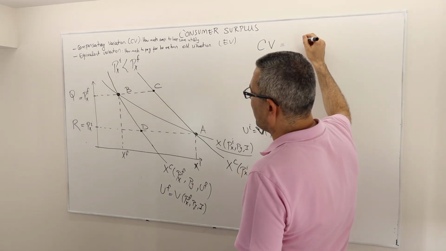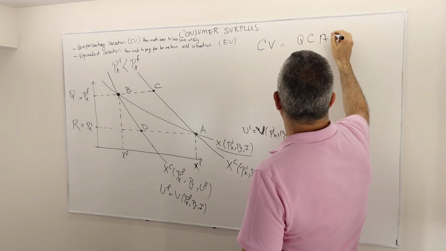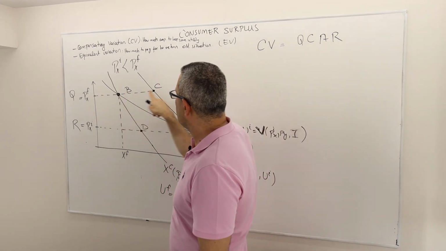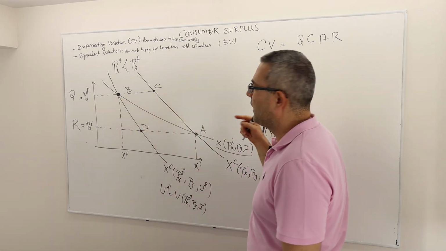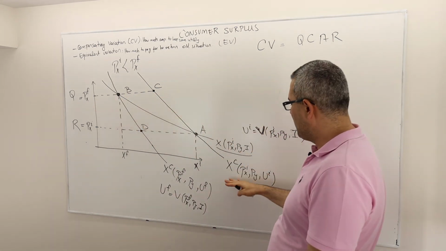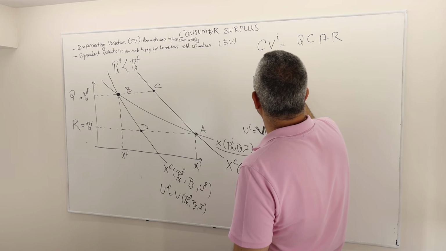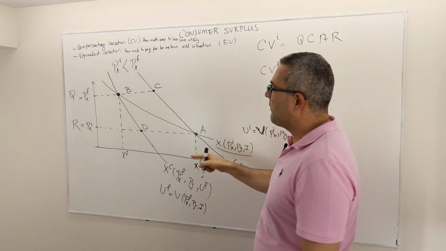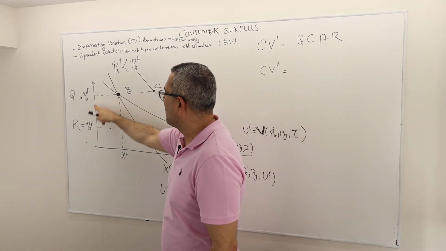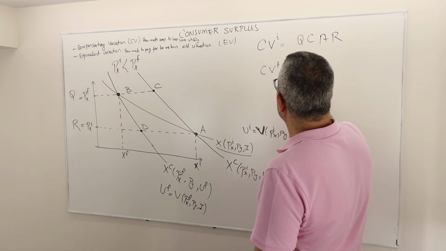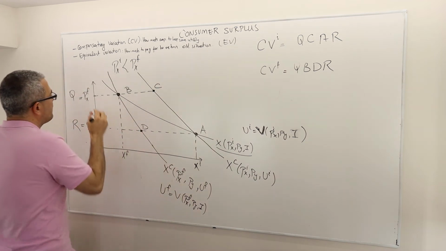It is basically this area, Q, C, A, R. So this big area is the compensating variation if we want to keep this guy's level of utility as his initial utility. However, if I want to keep this guy's utility the same as his final utility level, then the amount of money I have to give this guy is Q, B, D, and R. All right, so this is the smaller area.